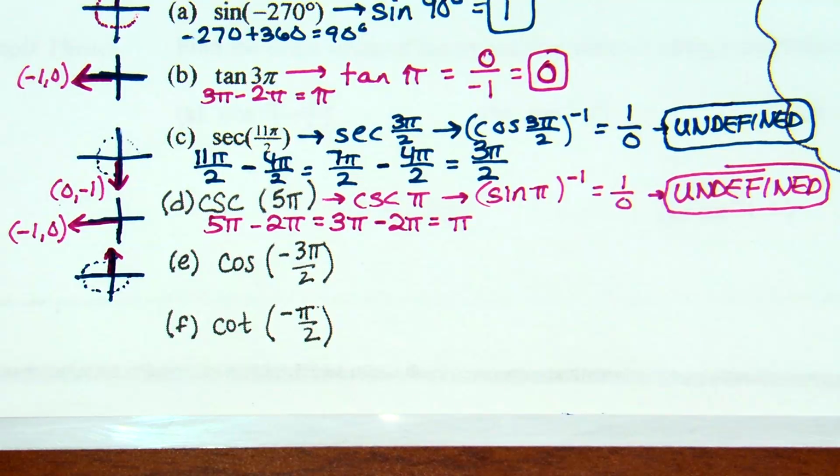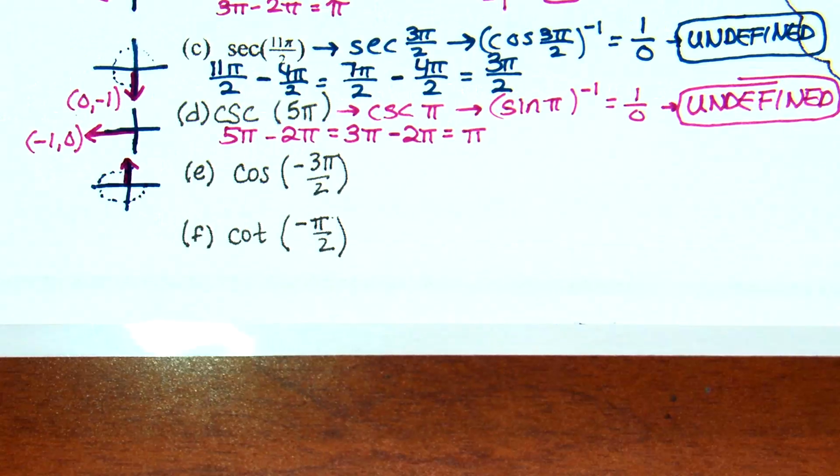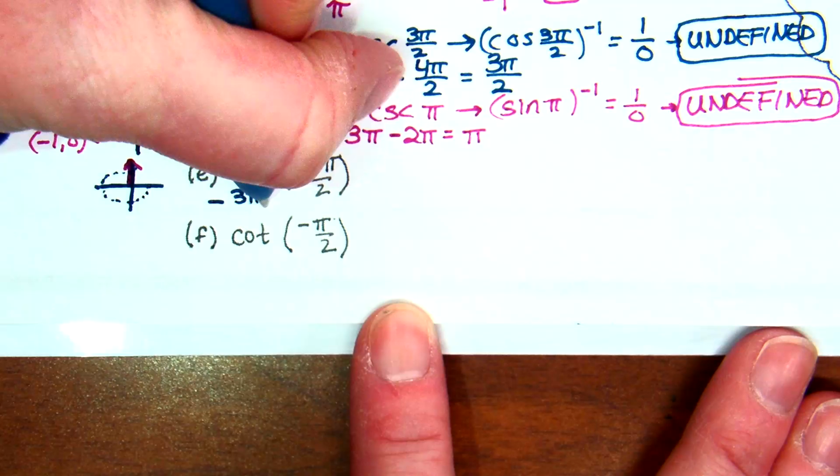Now, if you're thinking, I don't visualize that quite well enough yet, well, when something's too big, we subtract 2 pi. If something's too small, we're going to add 2 pi. So you could have done negative 3 pi over 2 and added 2 pi, which is 4 pi over 2.